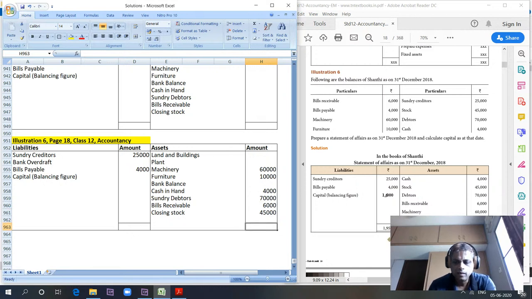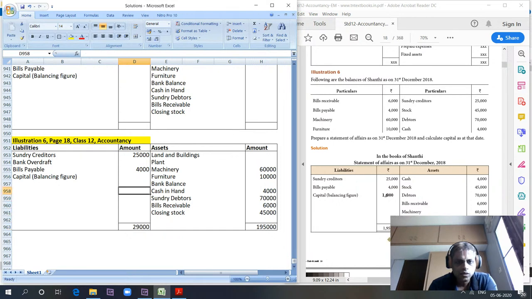So the total of the asset side is 1,95,000. Total on the liability side is 29,000.